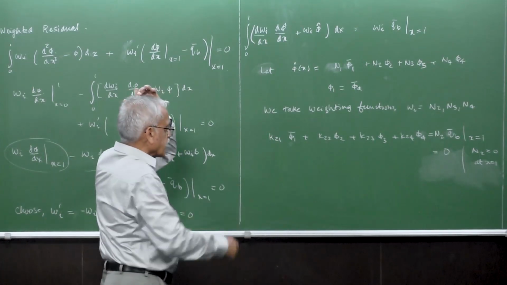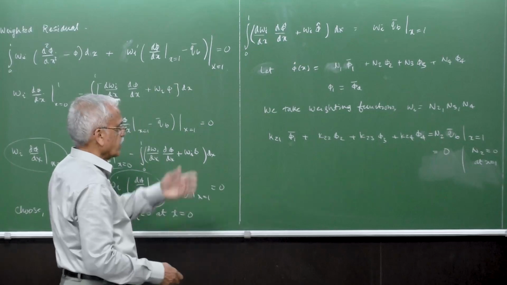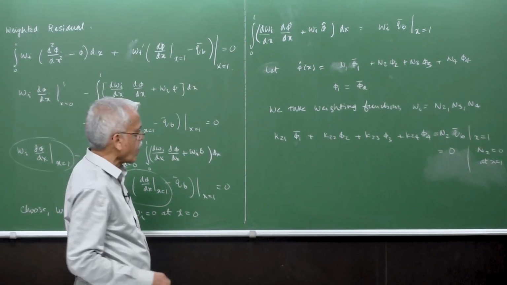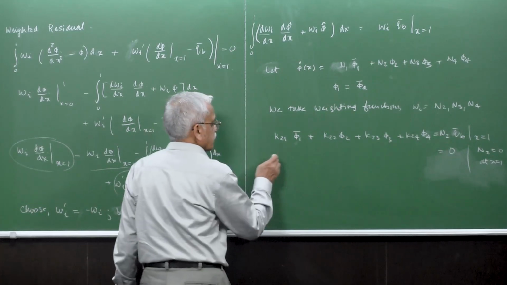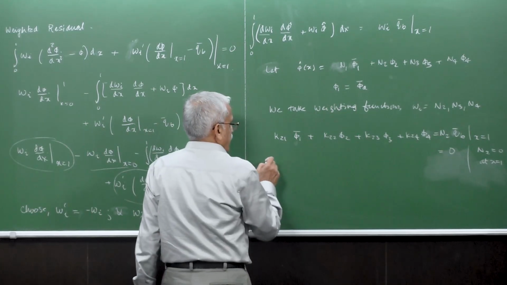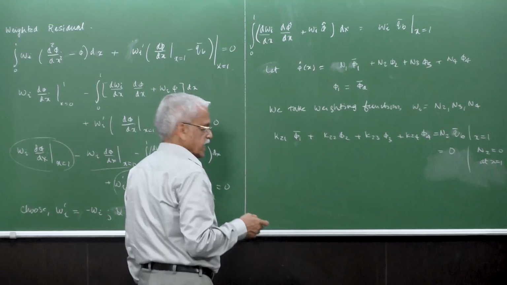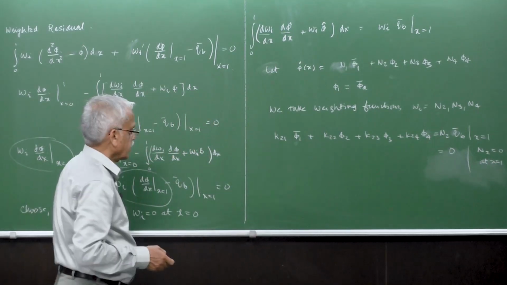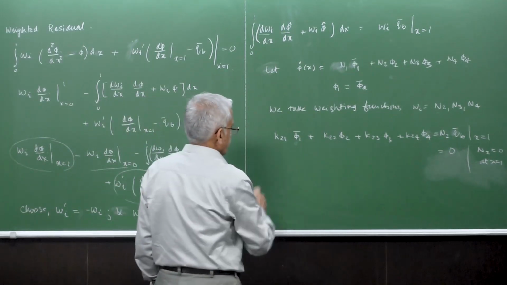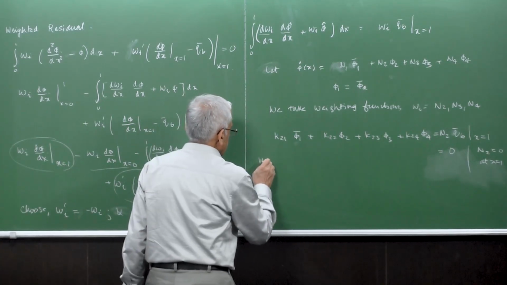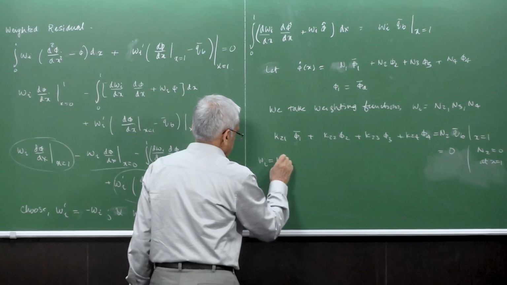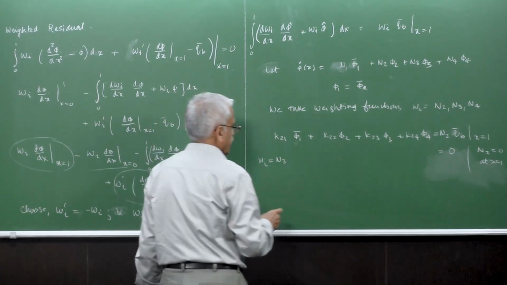And we know how to calculate all these K21 and so on, which we did, right? Just like here, if you want, we can, I think you know that. So for the moment, we'll skip it. Maybe at the end, we'll substitute those things. So Wi is equal to N3. This also we did.